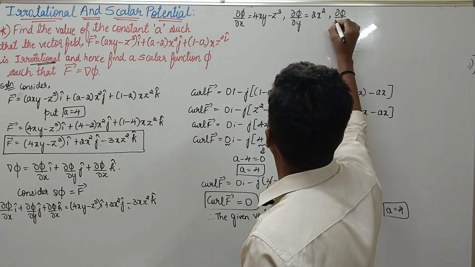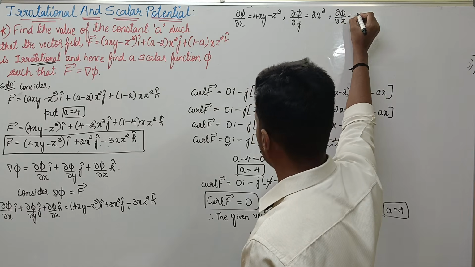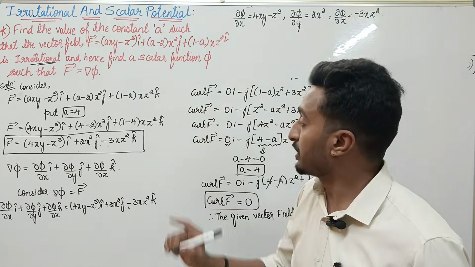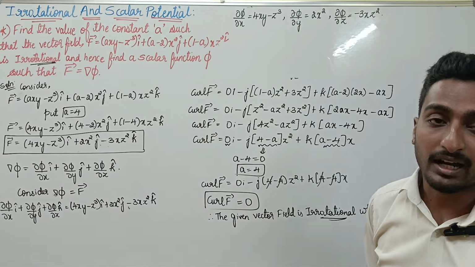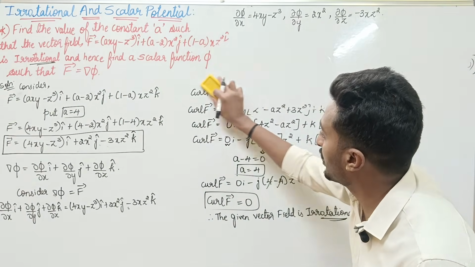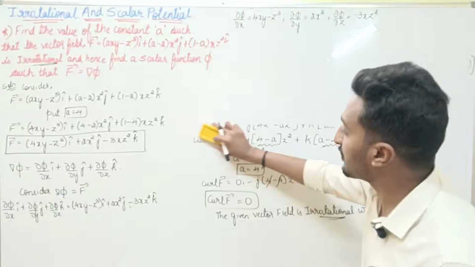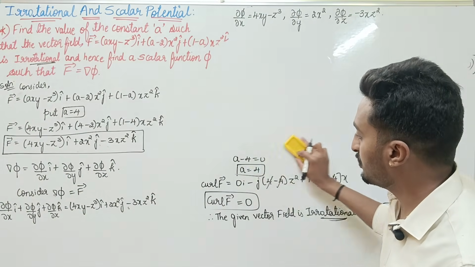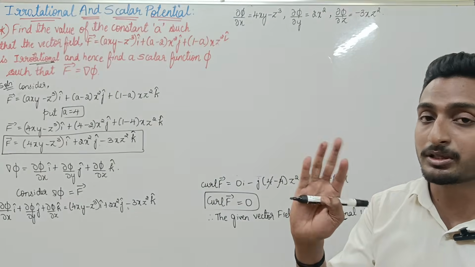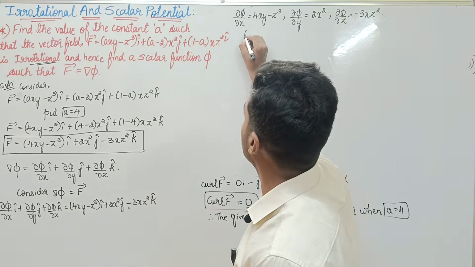Then ∂φ/∂z, which is equal to minus 3xz square. With respect to x, y, z, and with respect to the direction i, j, k, we have represented. After this, what we are going to do to find the scalar function phi? We are going to integrate with respect to each and every variable on both sides.